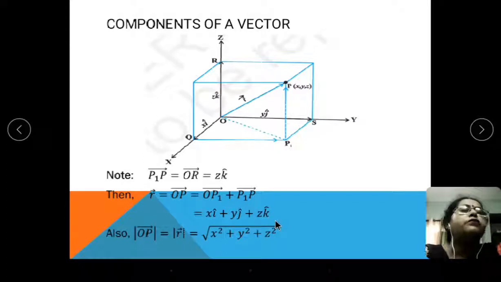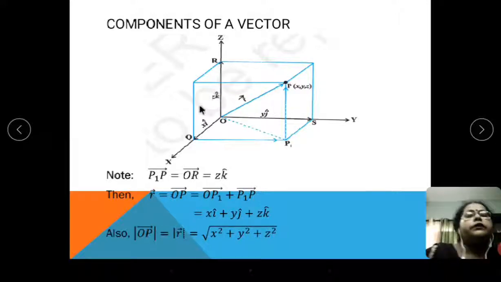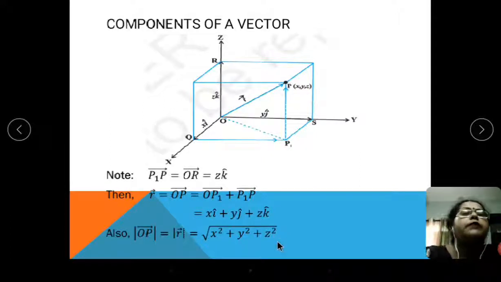So what we should remember then, is that if vector r represents the position vector of a point P whose coordinates are x, y, z, then it can be represented as xi plus yj plus zk. So x, y, z are said to be the components of the vector r along the x, y, z directions. And from here we also get another important consequence, that the length of the vector r will be the square root of x square plus y square plus z square.